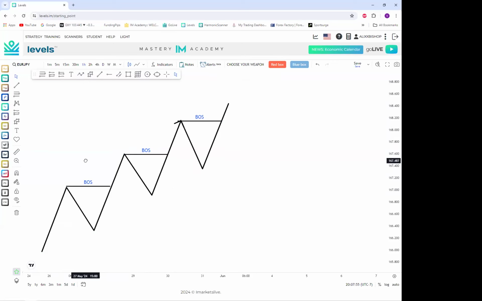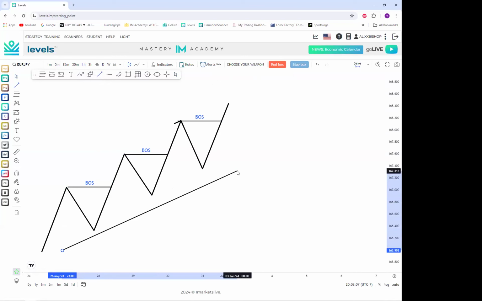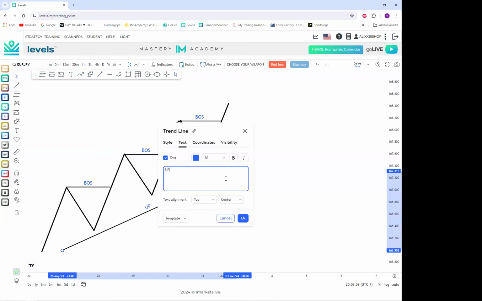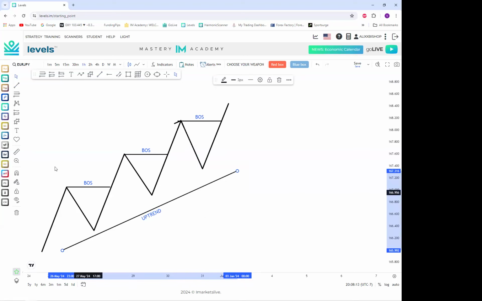Now, once we can understand that we just got a BOS to the upside, that lets us know, the trader, that market wants to continue buying higher. Why? Because market right now is in an uptrend. So if we continue to break structure higher, market is going to want to continue going higher.